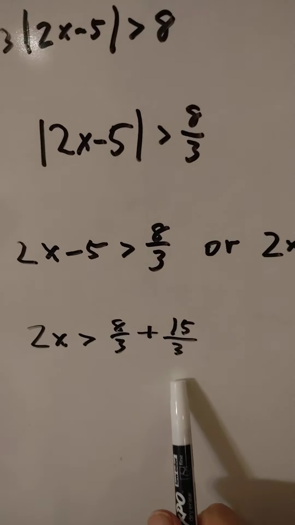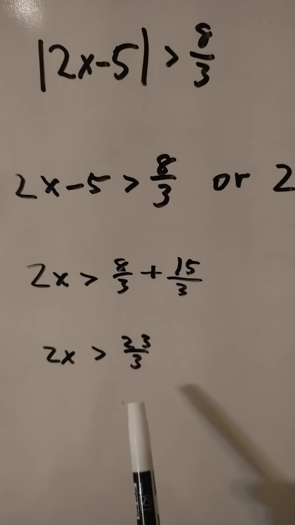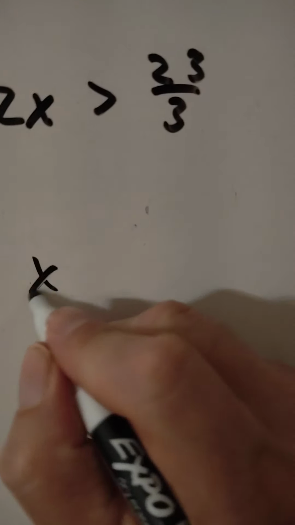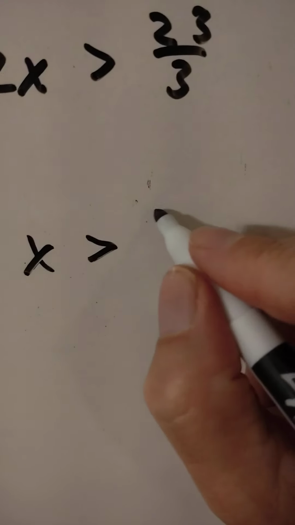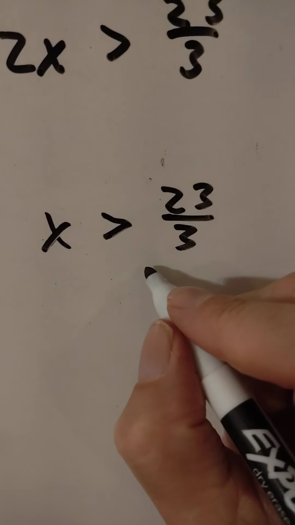I think you guys all see that. Okay, and then let's continue. 2x is greater than 23 thirds. Notice how we add up fractions with the same denominator. Add up the numerators and keep the denominator the same. And then divide both sides by 2, a positive 2. So we get x is greater than 23 thirds divided by 2.